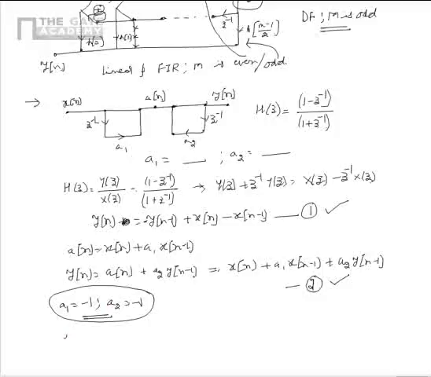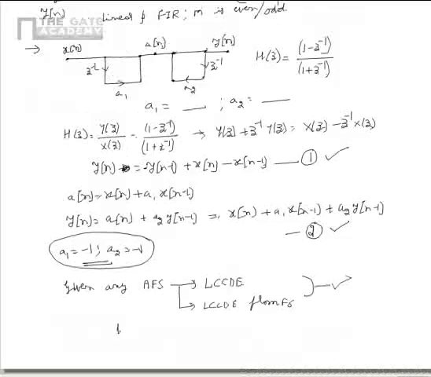So from this we see that given any arbitrary filter structure, we can get the LCCDE from the system function and we can get the LCCDE from the filter structure and compare these two to get the required coefficients or values.